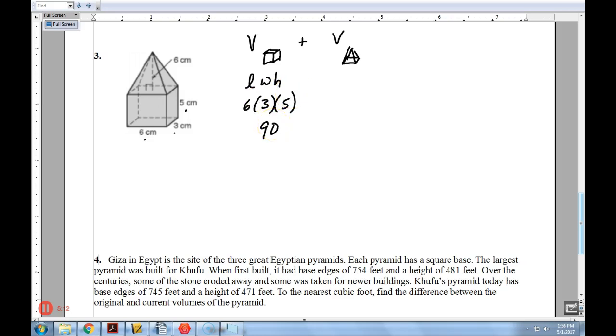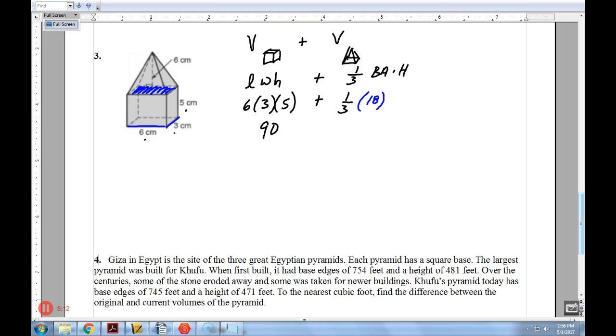So that's the bottom portion. Now I need to add to that the pyramid. So the pyramid, remember, is just 1/3 of the base area times the height. So the base area is this right here, which is 6 by 3, so that's 18 for the base area.